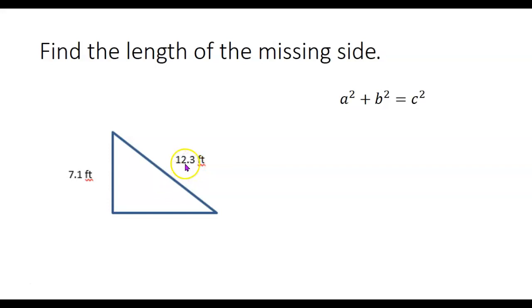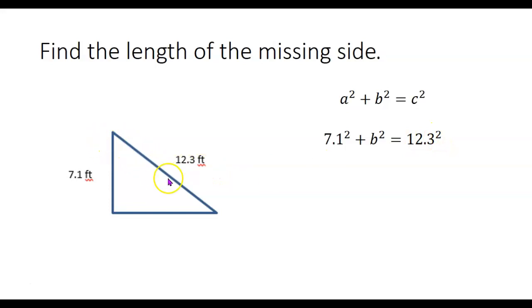So we're going to be putting in the number 12.3 for c, and we're going to put in the number 7.1 for a. And then b is the missing side that we're trying to find. So 7.1 squared plus b squared equals 12.3 squared.